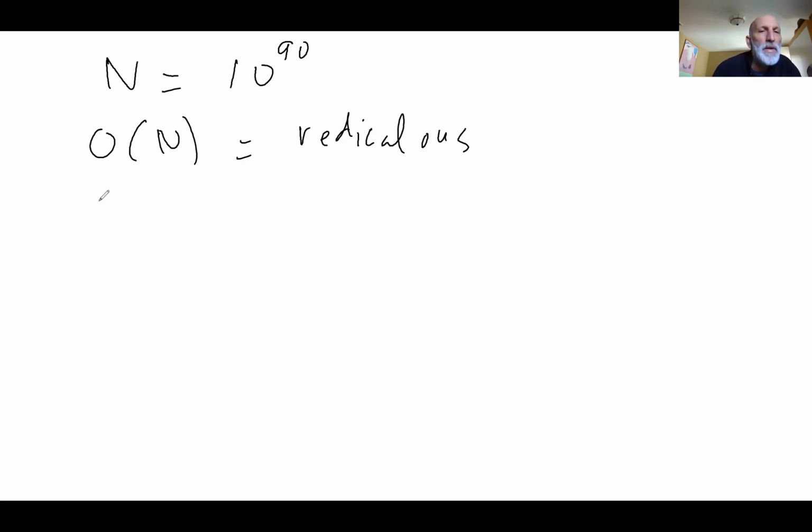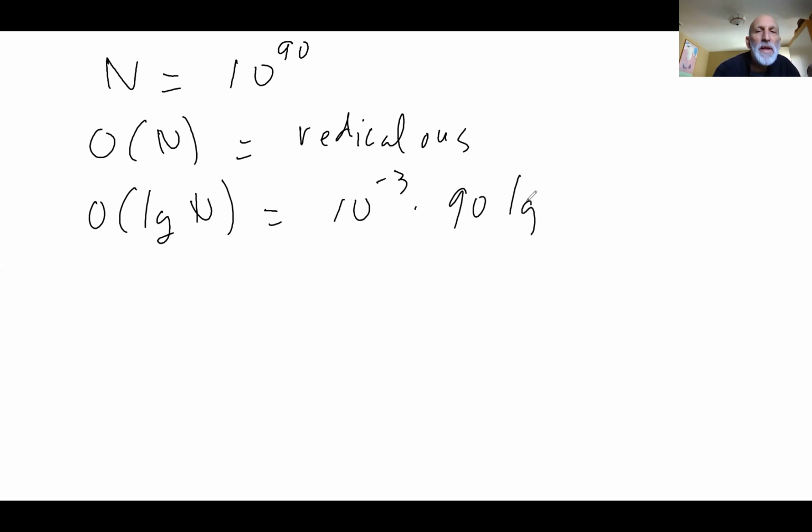But if we look at the order log n algorithm, again, binary search, we have 10 to the minus third times 90 on the outside times the log of 10. And the log of 10 is still 3.3. So this is 3.3 times 90 times 10 to the minus third.